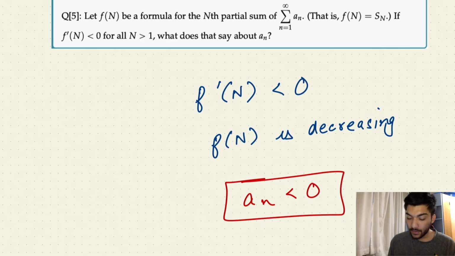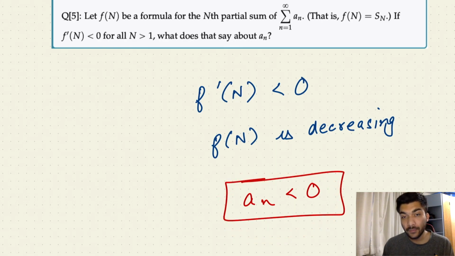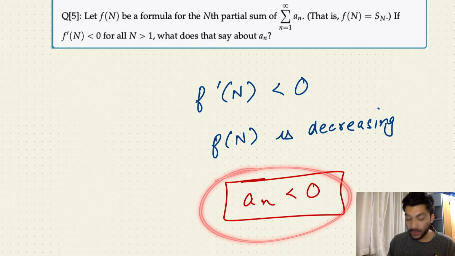You know that s of n is decreasing if you add more terms. The only way to make your sum a decreasing function is by adding negative terms. So if we have to say anything about a of n, we can definitely conclude that a of n is negative.